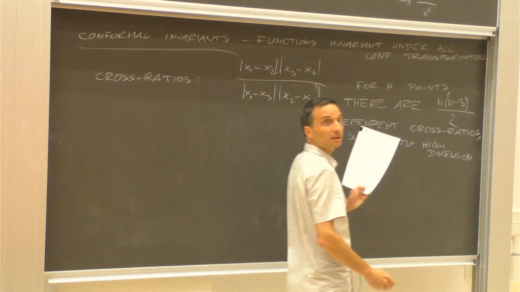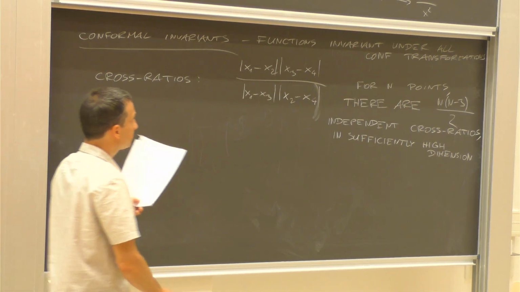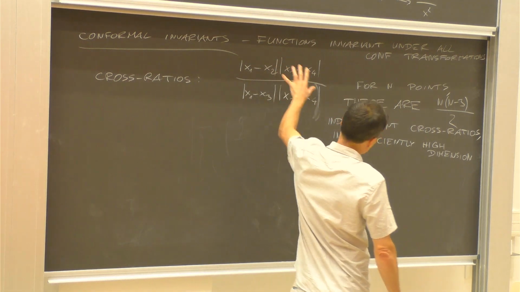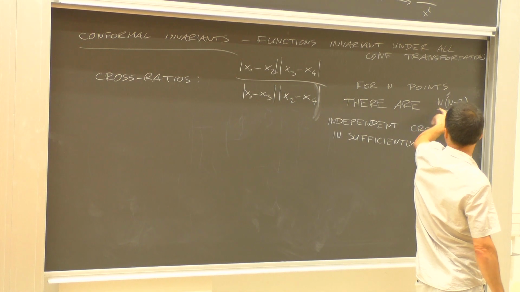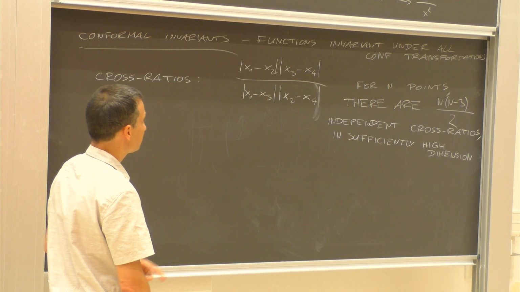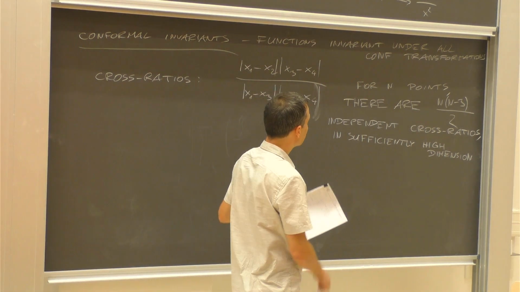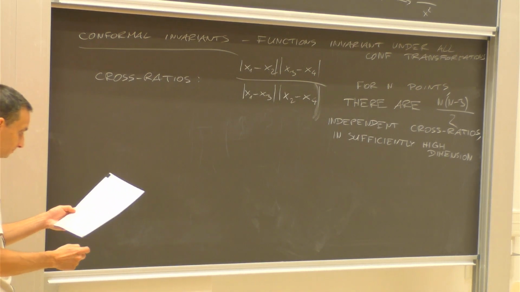By independent, I mean that they cannot be expressed through each other in some way. So in particular, if you have 4 points, there should be 2 such cross ratios, which indeed are independent for dimensions higher than 2, but in 2 dimensions, we will see that later. I'm not going to write the formulas now, but in 2 dimensions, in fact, you can express one through another.